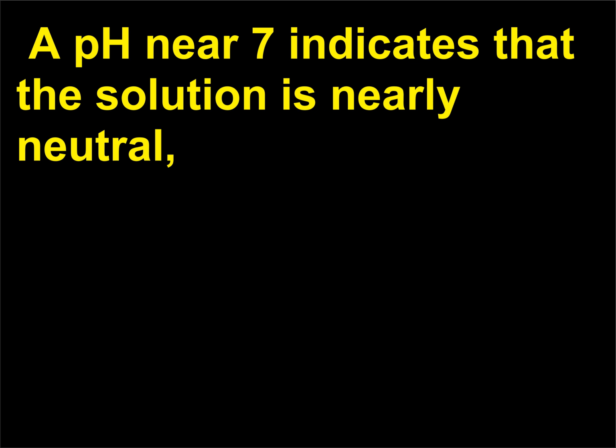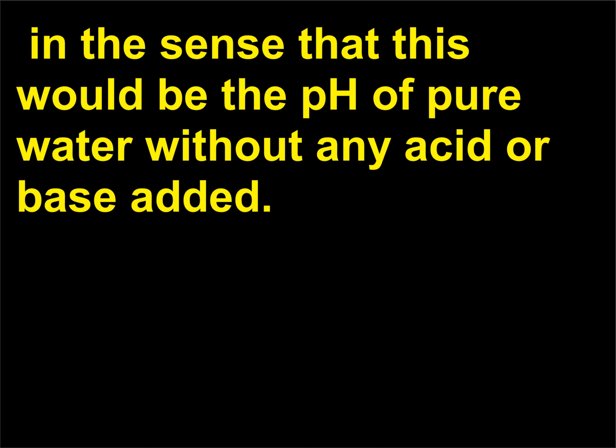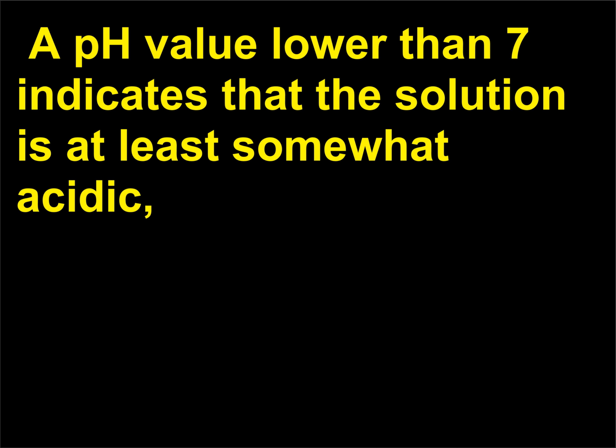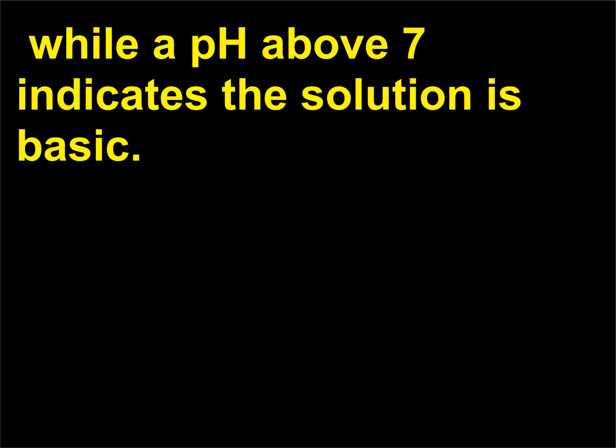A pH near 7 indicates that the solution is nearly neutral, in the sense that this would be the pH of pure water without any acid or base added. A pH value lower than 7 indicates that the solution is at least somewhat acidic, while a pH above 7 indicates the solution is basic.